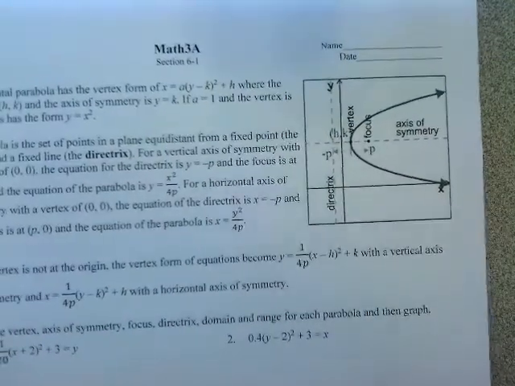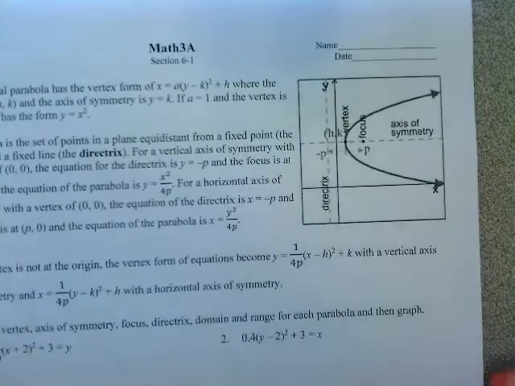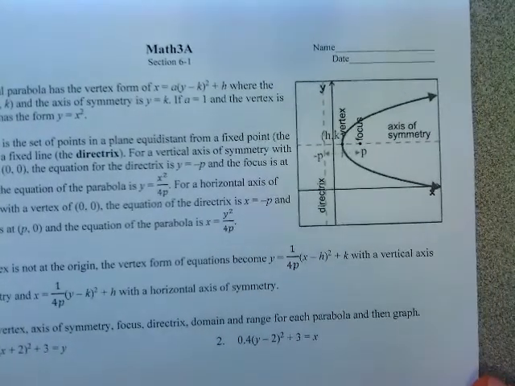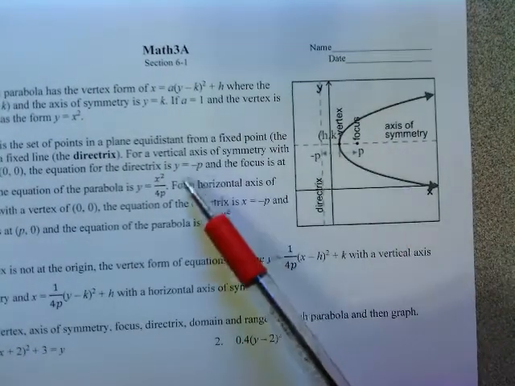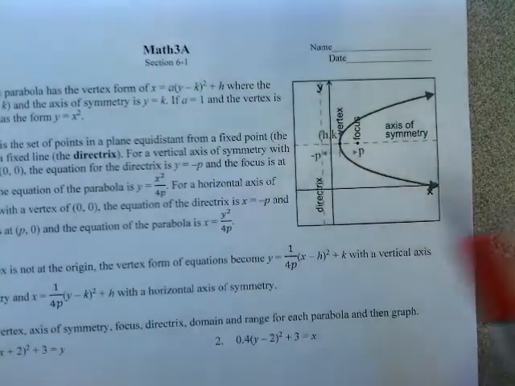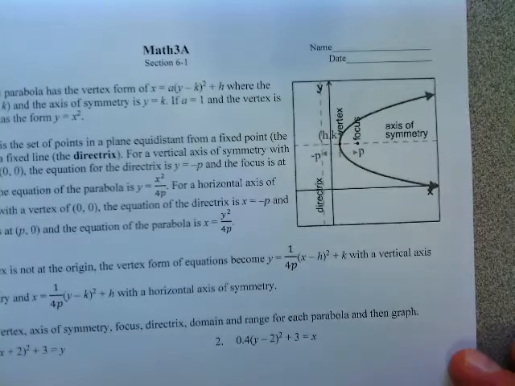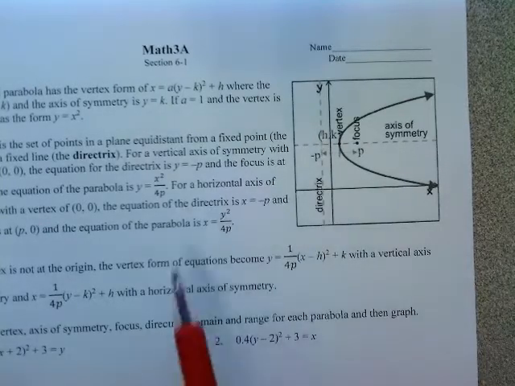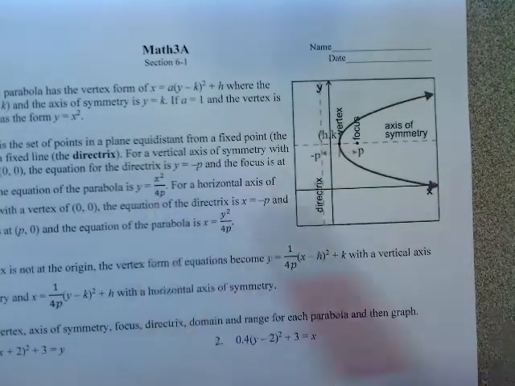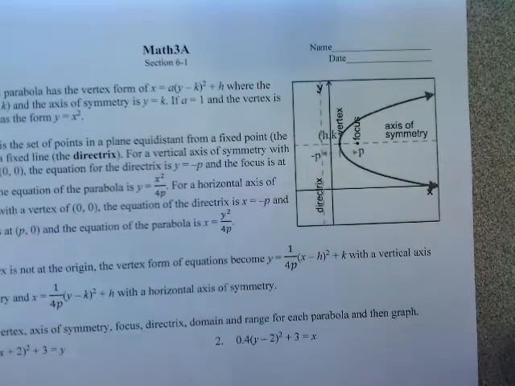Okay, so for a vertical axis of symmetry with the vertex (0, 0), the equation of the directrix is y equals negative p, and the focus is at (0, p). And the equation for the parabola would be y equals x squared over 4p.